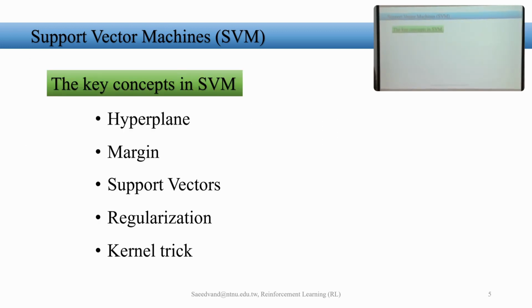So now let's start with key concepts in support vector machine. Before understanding it, we need to know what the hyperplane is, what the margin is, what the support vectors are, what regularization is, and what the kernel trick is. We will specify these one by one.